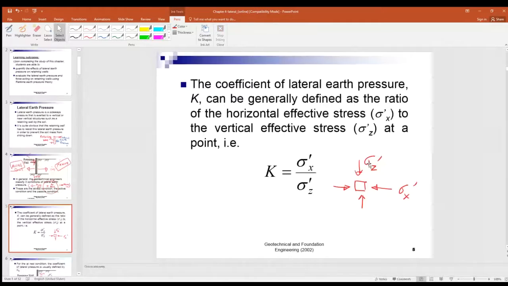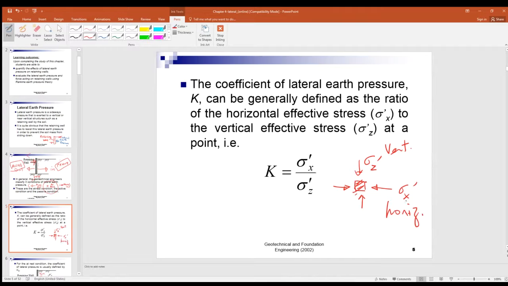Now, consider a soil element. For this element, there will be two types of stresses in terms of direction. The sigma z is the vertical stress, and the other is horizontal.